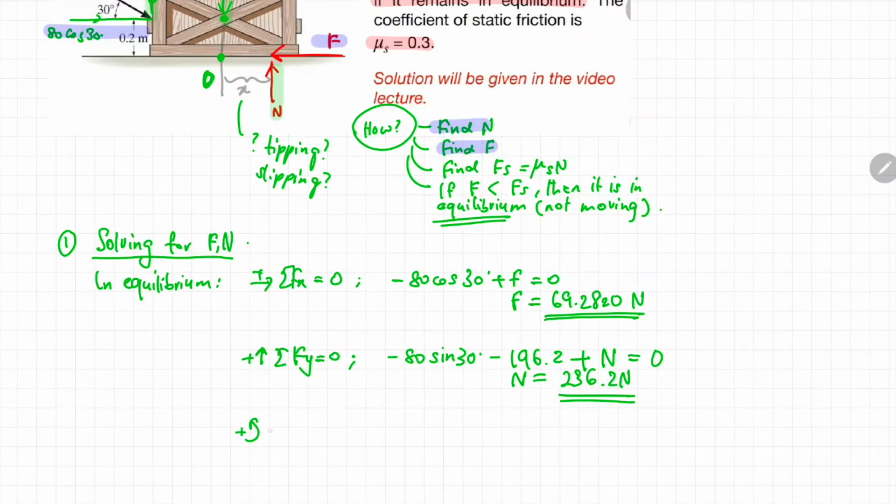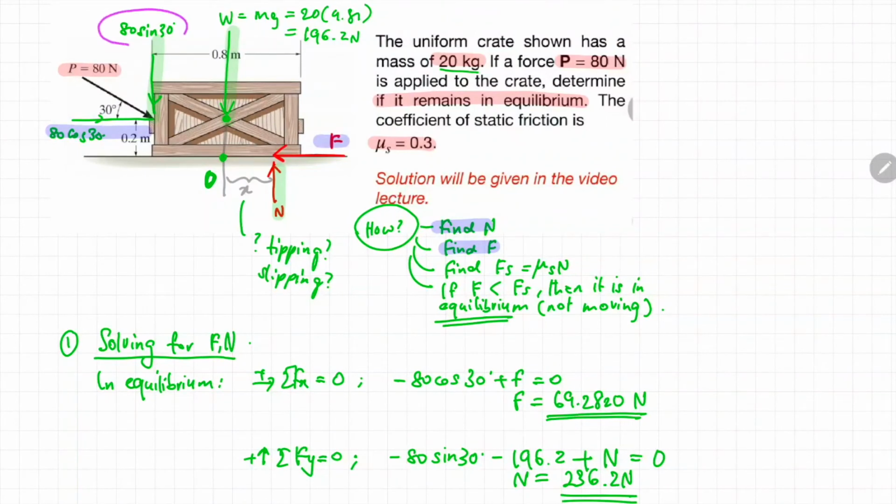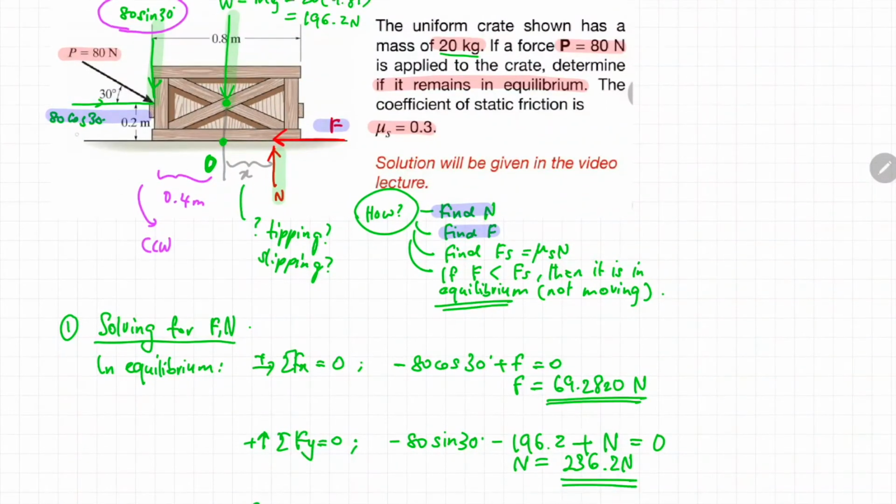So, 80 sin 30 force will create a moment at a distance of 0.4 meter, and 80 cos 30 will create another moment at a distance of 0.2 meter, and the normal force will create a moment at a distance of x.